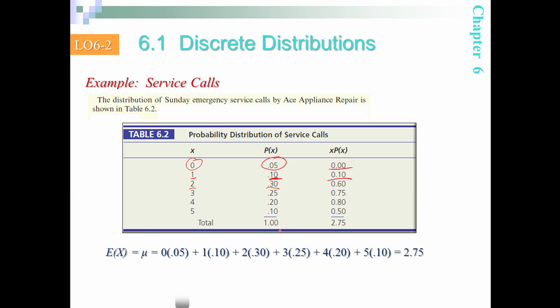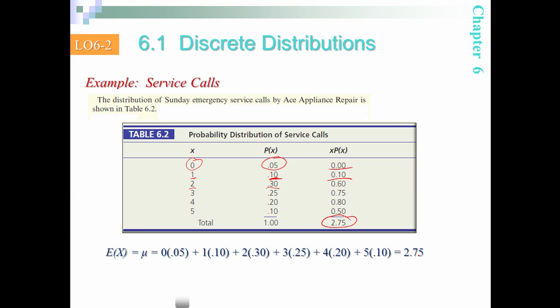Fill all those things in, and then notice the probabilities sum up to 100%, and x times p of x sums up to 2.75. So this is the average number of service calls per Sunday for Ace Appliance Repair. Notice that 2.75 is not one of the values that the random variable can take on.